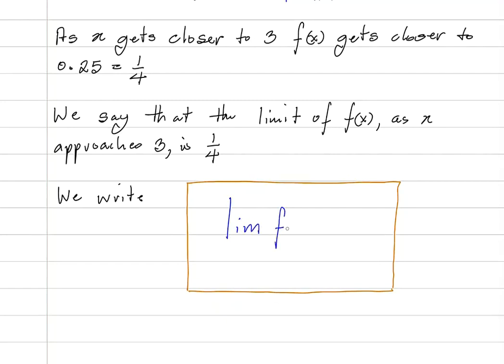We would write lim f of x, and at the bottom x with an arrow to 3, and this is equal to 1 quarter, which is the same as saying the limit of the function f of x as x approaches 3 is equal to a quarter.